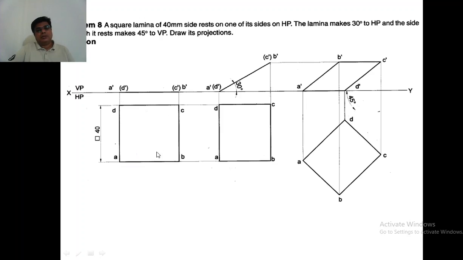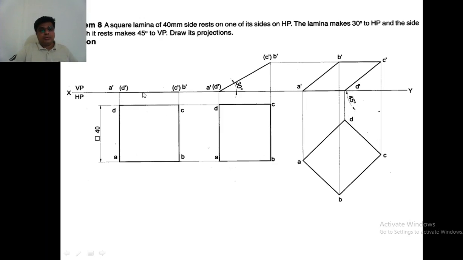You can see here a square lamina, its side is 40 mm, and it is resting on this edge on HP, and the lamina makes 30 degrees to HP. So keep it parallel to HP and then draw the top view, the square.